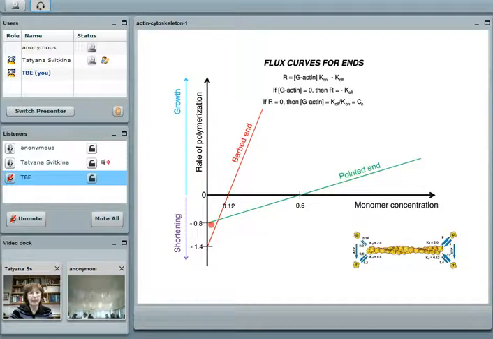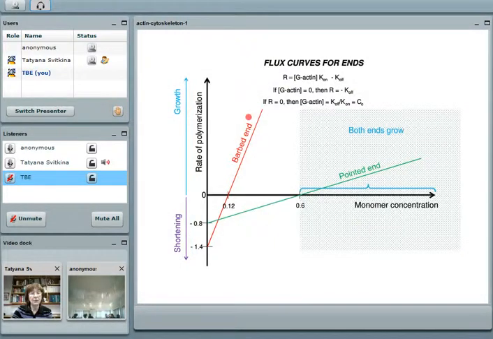First, at concentrations above 0.6 micromolar, the rates are positive for both ends, the barbed end much higher but positive, which means that both ends will grow.